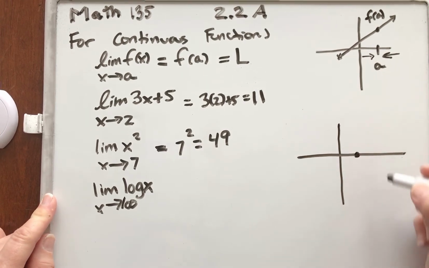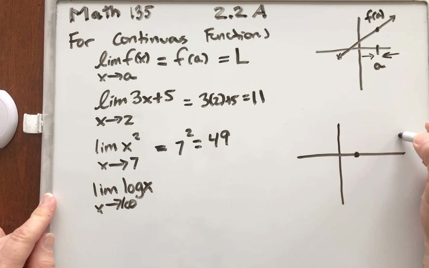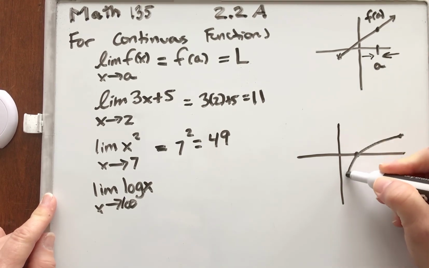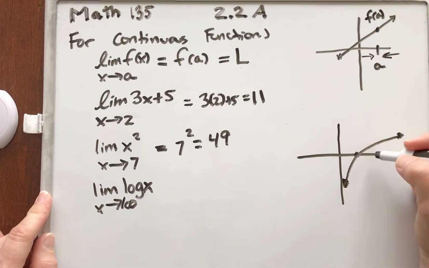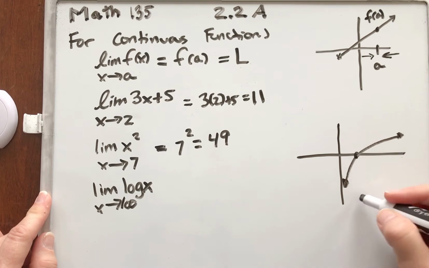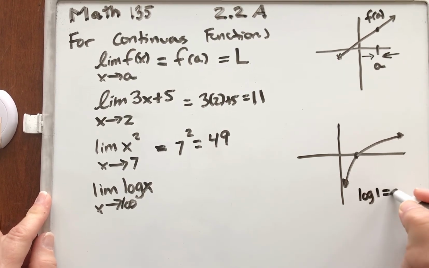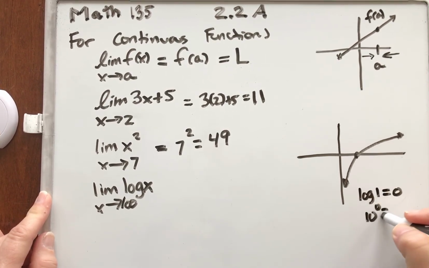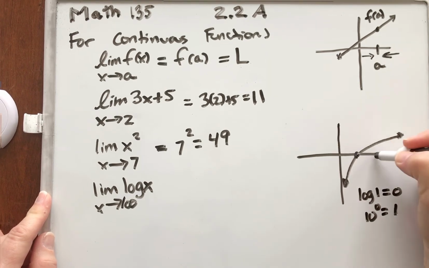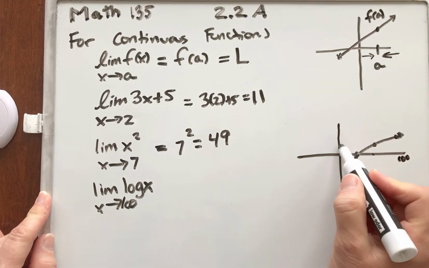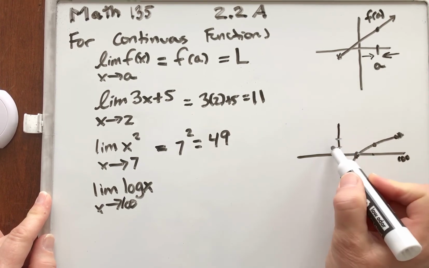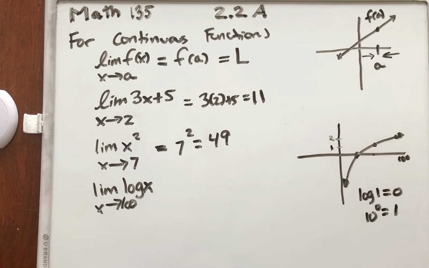Log of 100 equals 2. And this is pretty much the graph. So we have log of 1 equals 0 because 10 to the 0 equals 1. Log of 10 is 1, and log of 100 is 2. If you can imagine drawing something like this. There's 1, there's 2.